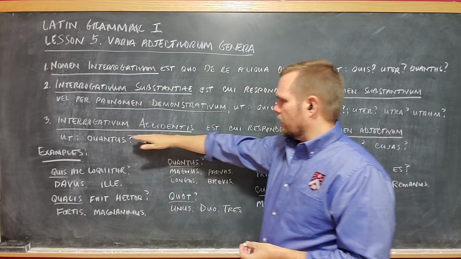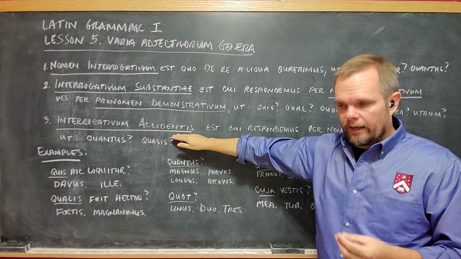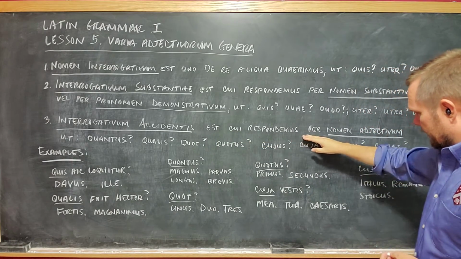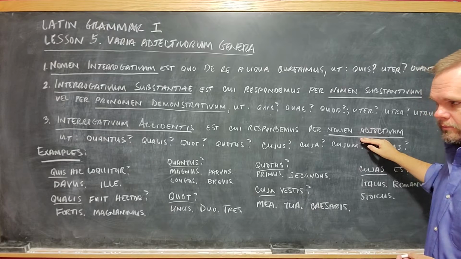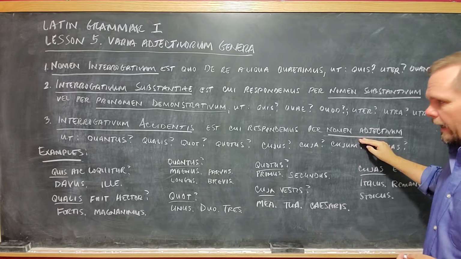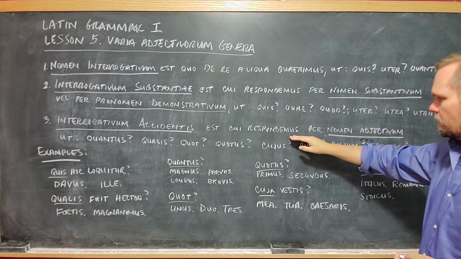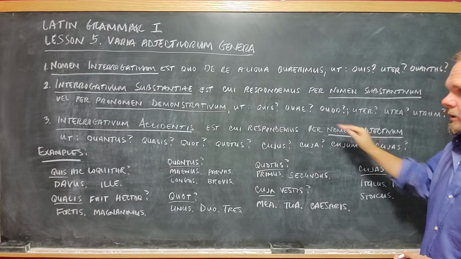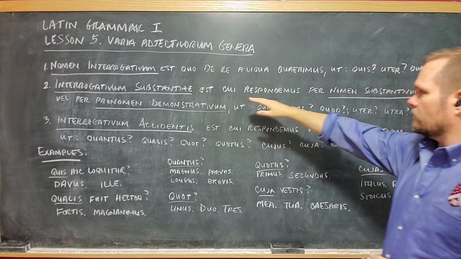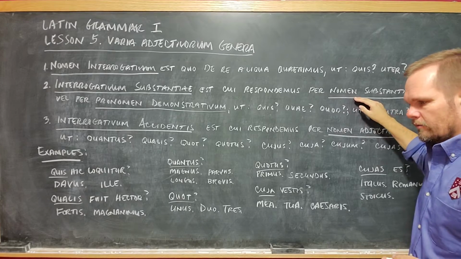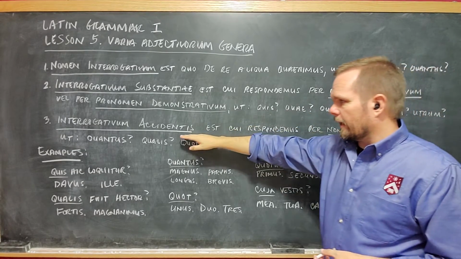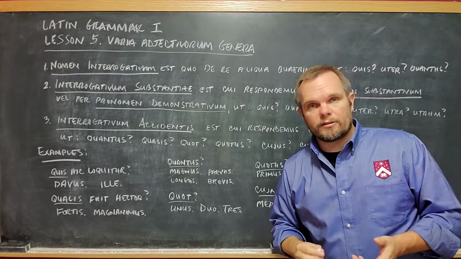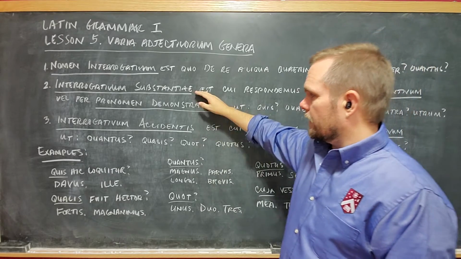An interrogative noun of accident is that to which we respond by an adjective noun. An interrogative of substance is a noun to which we respond by a substantive noun. An interrogative of accident is one to which we respond by an adjective noun. So you should understand the difference between these.